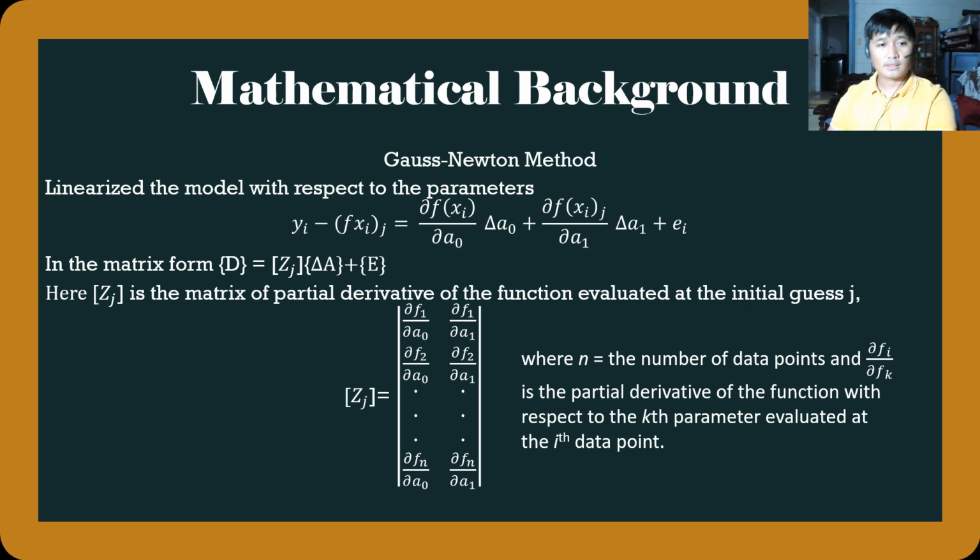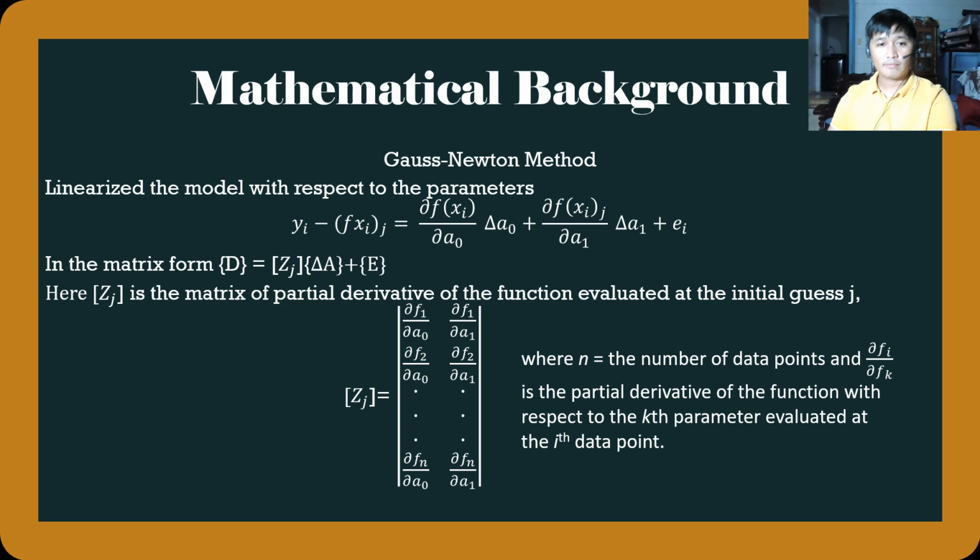Here, Z sub j is the matrix of partial derivatives of the function evaluated at the initial guess j. So this is the matrix when converting the data into matrix form.